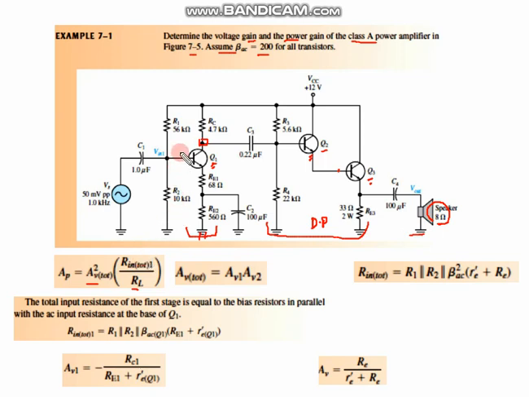R in total is basically the input resistance of this class A amplifier, remember this. By definition, the input resistance of this class A amplifier would be R1 parallel to R2, parallel to beta AC times RE1 plus RE prime.